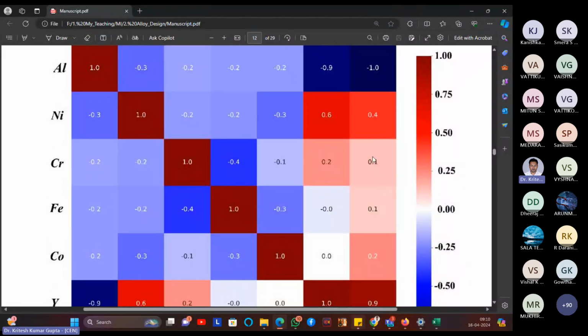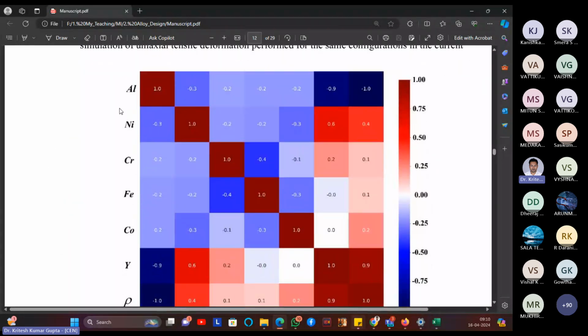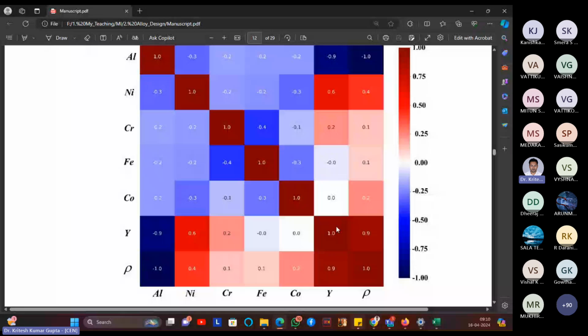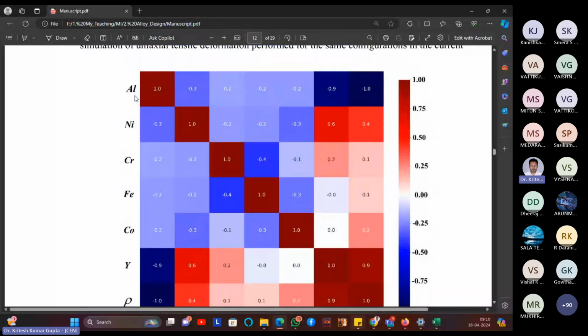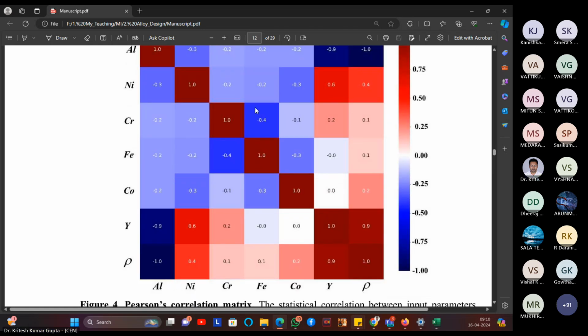So that's the information we can get from this correlation analysis, how each individual feature correlates with the responses. We can also see how each individual feature correlates with other features. For example, if we want to see how chromium is correlating with ferrous: if chromium increases, ferrous will decrease.